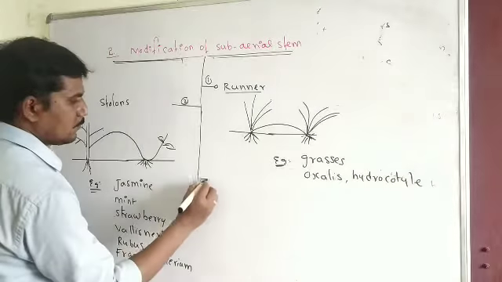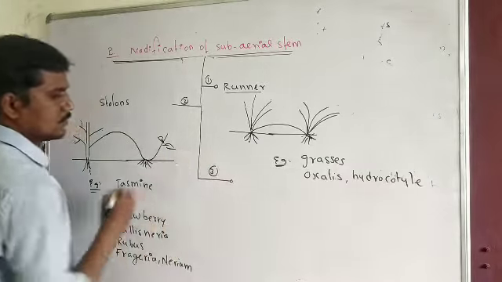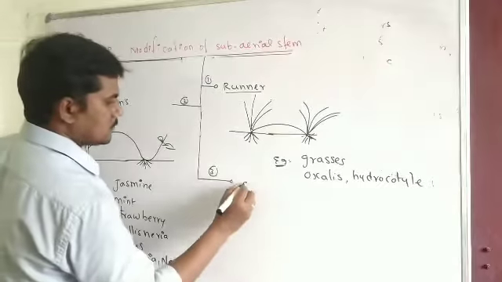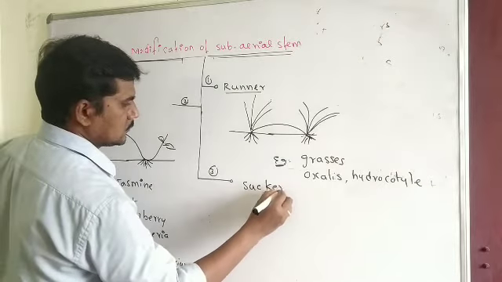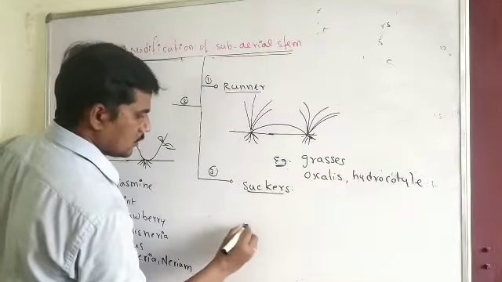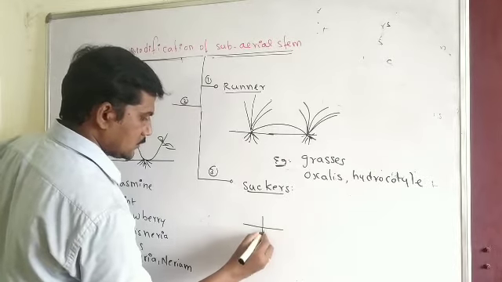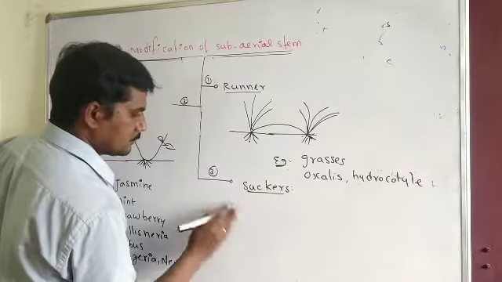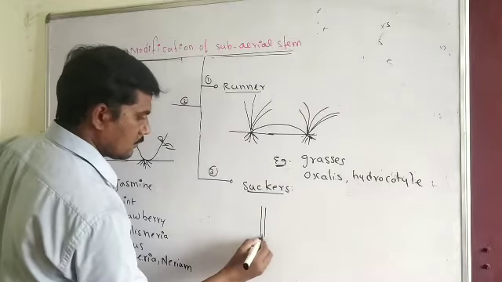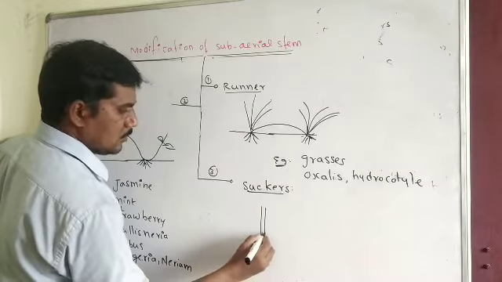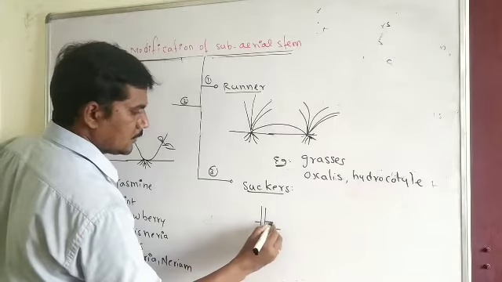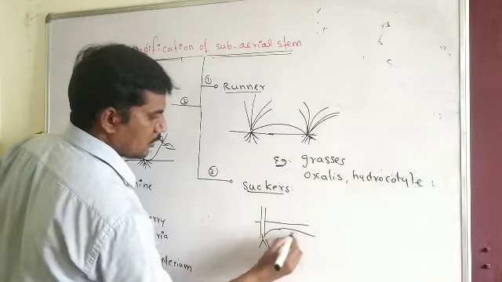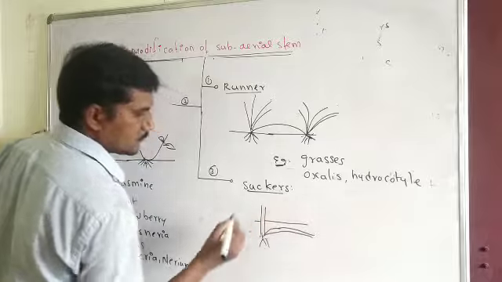And the third one, which is very important, is suckers. When you come to the suckers, from the main branches, lateral branches grow horizontally below the soil for some distance.